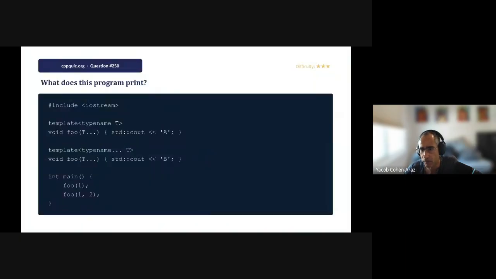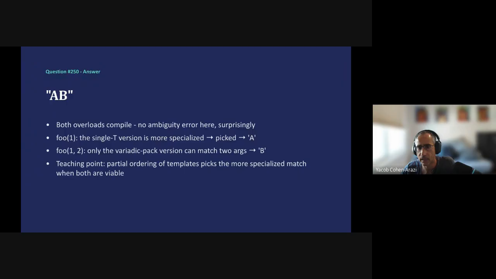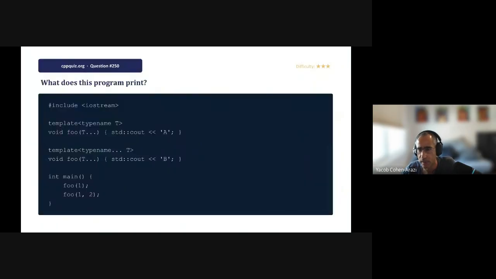And then what does this program print? It's kind of hard to get at first sight. So you have typename T and then T..., or you have typename... Ts and then Ts... So let's take a look. It's A and B. The first one is A. So 1 goes here, and then 1 and 2 goes to the multiple one.